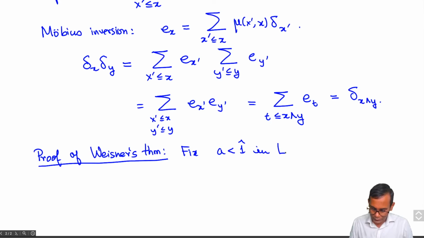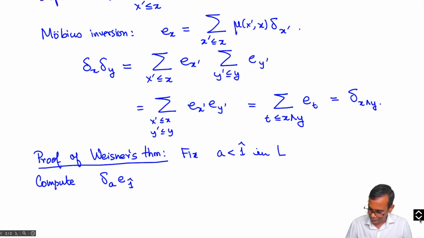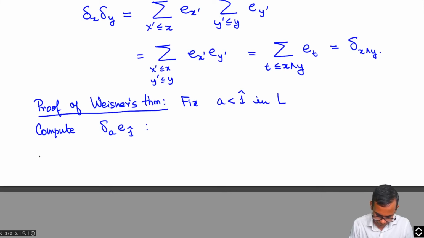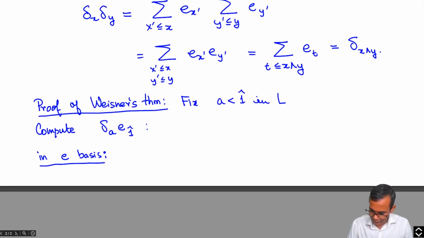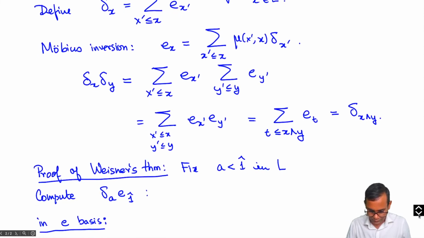Now what we'll do is compute delta_a times E_1hat in two ways. First, with respect to the basis by expanding in the E basis, and then by expanding in the delta basis. So what we know is that delta is related to E by just summing over x' less than or equal to x.